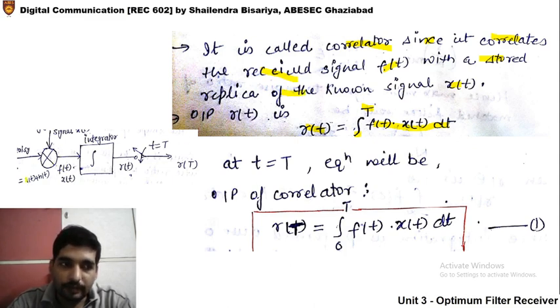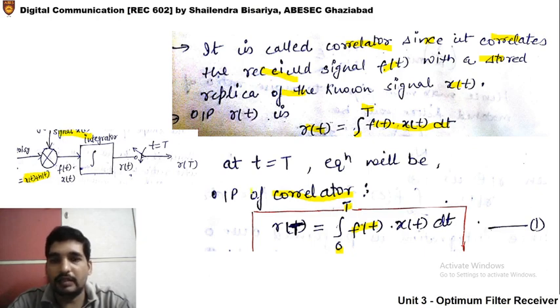Since we have already stored x(t) and we are multiplying it with the same, we are correlating the two signals, and that is why its name is correlator. So the output of the correlator is simply the integral from 0 to T of f(t) x(t) dt, where f(t) is x(t) plus some added noise n(t).